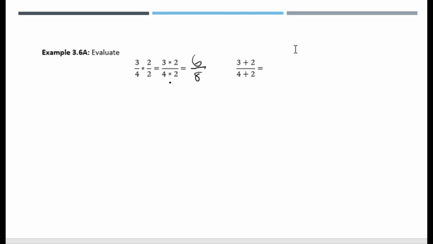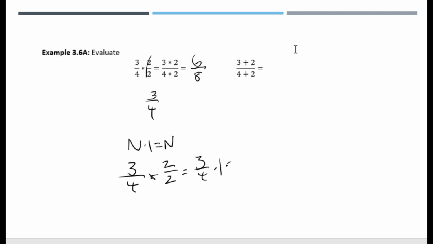So these two are similar, right? You could also just say this equals 3/4, because any number times 1 is itself. So 3/4 times 2 over 2 equals 3/4 times 1, which equals 3/4. 6/8 and 3/4 are the same number.